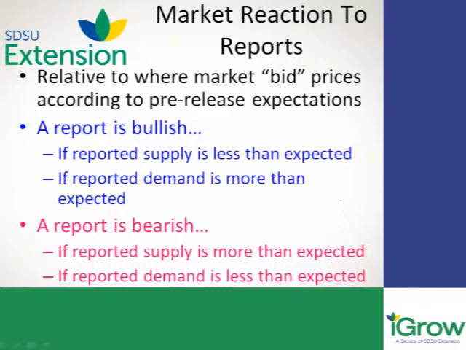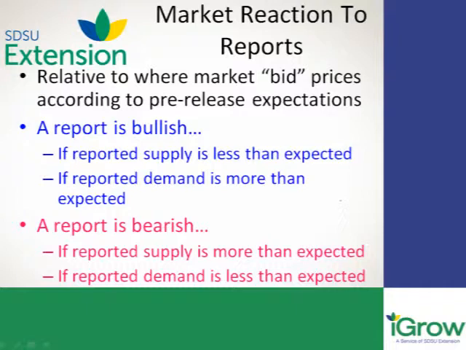A report can be bullish, for example, if the reported supply ends up being higher, even if it's higher than what had been previously forecasted, as long as that supply turns out to be lower than what the traders were expecting going into that report. So even with a higher supply being reported, it can still be bullish if it's measured against expectations that are actually higher than where that original supply forecast was.